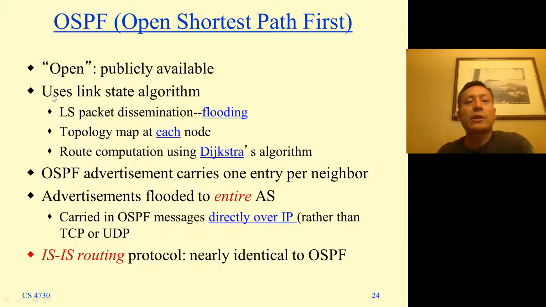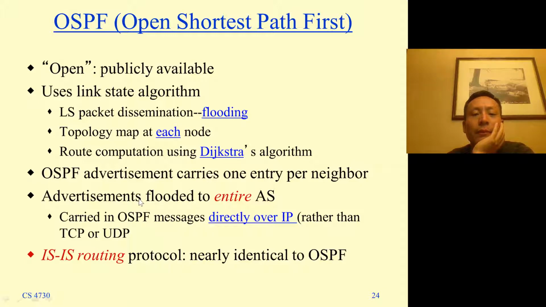It uses link state algorithms or Dijkstra's algorithm, and because it's link state, it has to do flooding, right? The topology maps are maintained at each node, and each node then does local calculation of the shortest path using Dijkstra's algorithm. We have mentioned a lot of times how this link state algorithm works, so I will not repeat it again.